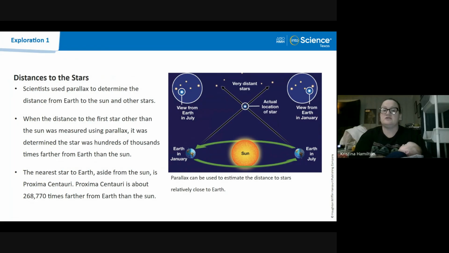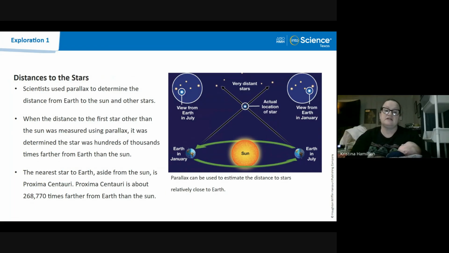When the distance to the first star, other than the sun, was measured using parallax, it was determined that the star was hundreds of thousands times farther from Earth than the sun. So when we're looking at that first star, parallax tells us that the closer it is, the more difference we're going to see, which is why we see such a big difference in the sun. But that far away star, there wasn't really much difference depending on wherever we're looking from.